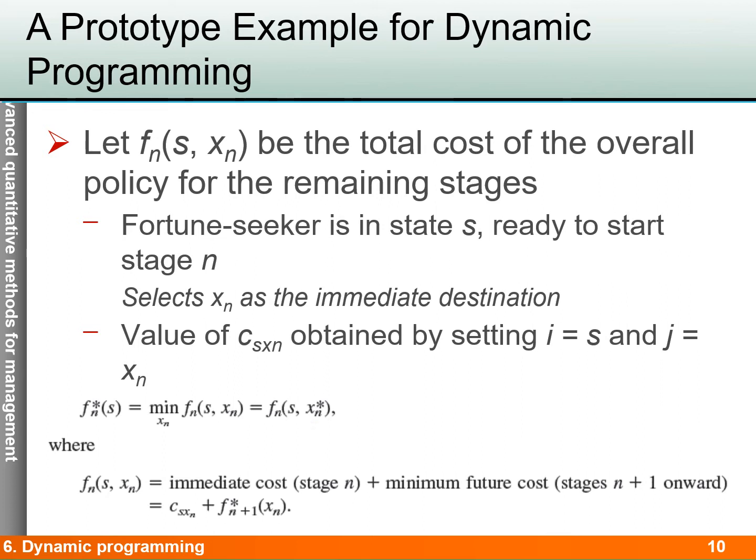From the other side, the value of c_sxn, obtained by setting i equal to s and j equal to xn, is the cost of moving from one node to another node.